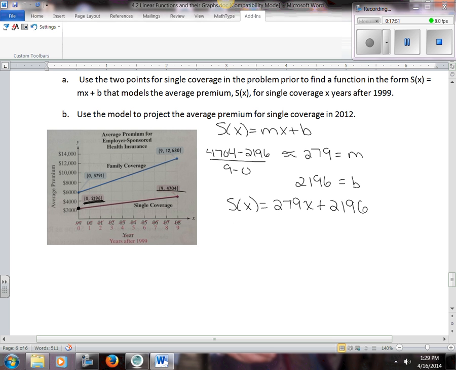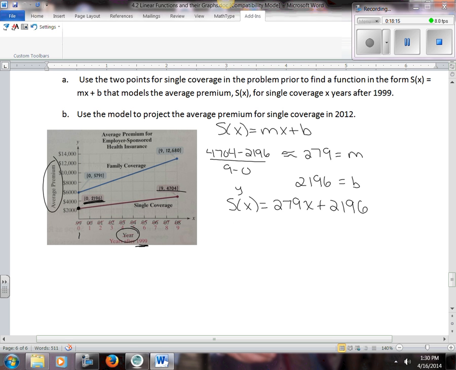So if I want to know what it's going to cost in 2012, I can use this equation. I know x is years after 1999. Y is what you're going to pay, or in our case, s of x, same thing as y. So if I want to know 2012, I need to figure out what number corresponds. So how many years after 1999 is that?